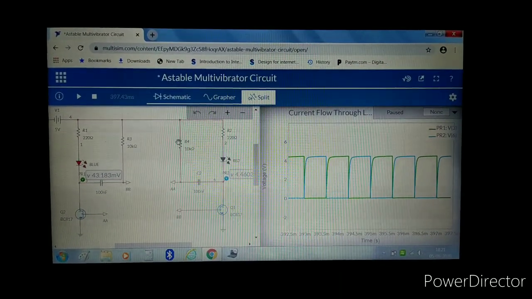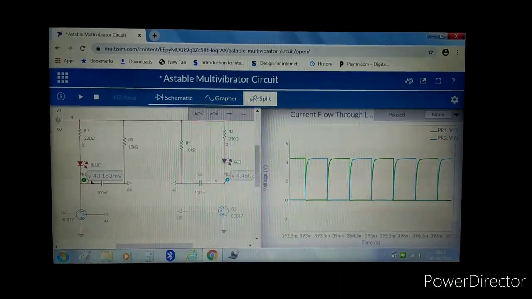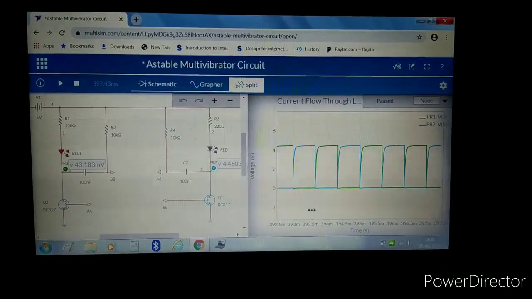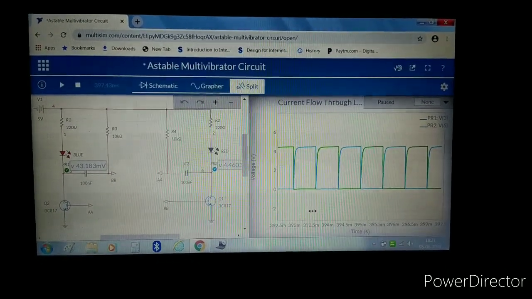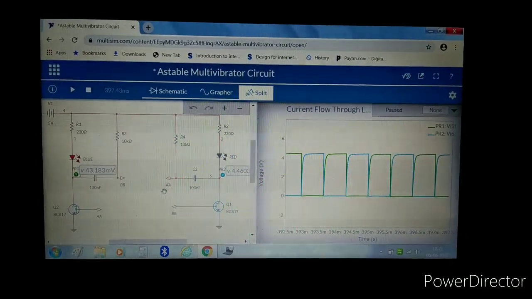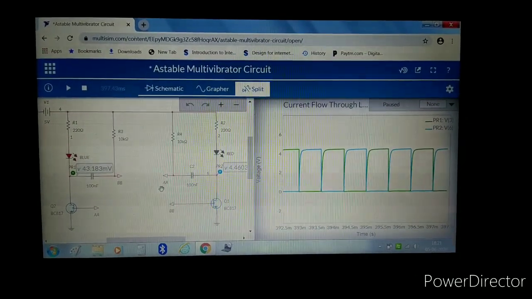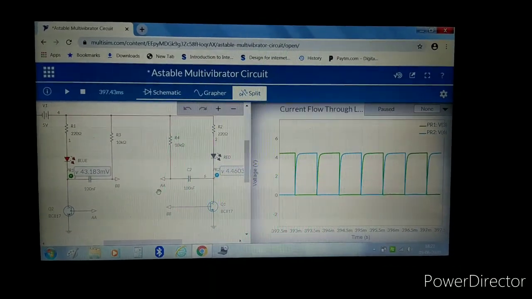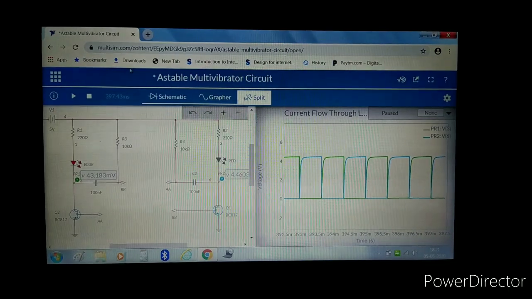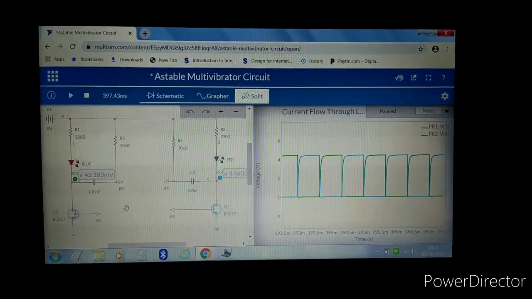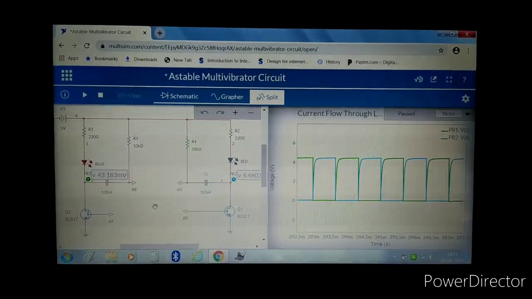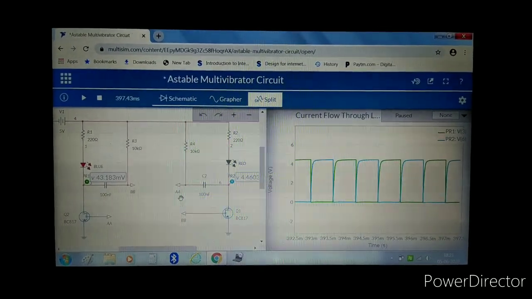So the circuit flow is like that. First of all, the C2 capacitor turns on, which triggers Q2 transistor, and the other capacitor turns on, which triggers Q1 transistor. In that way the capacitors charge and discharge, and in a similar way your LEDs blink, and you can see whenever the transistor turns on and off with the help of the grapher that is going in parallel with it.